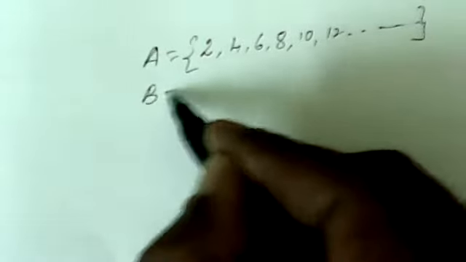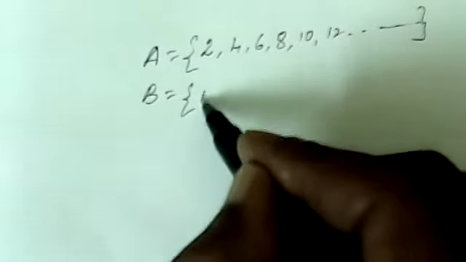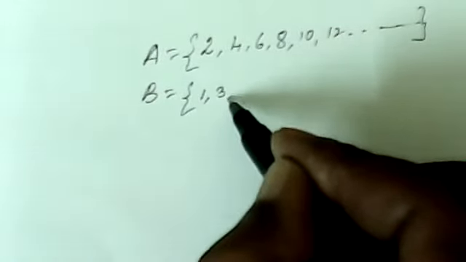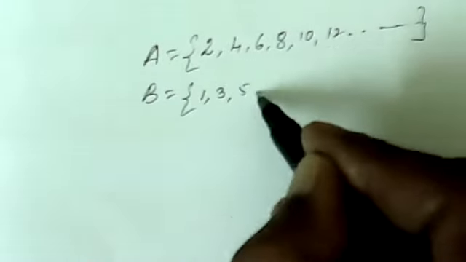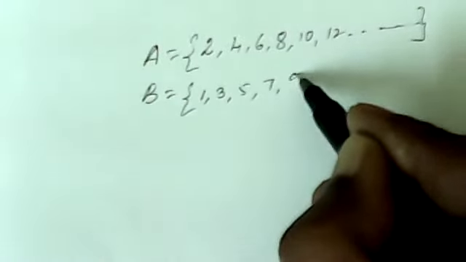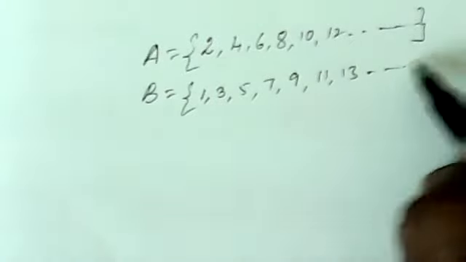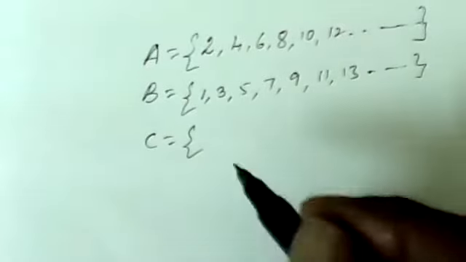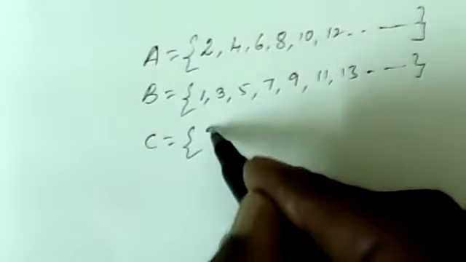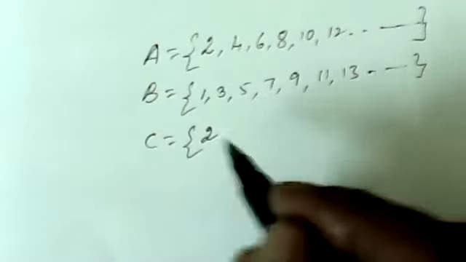Set B is the odd numbers, not divisible by 2: 1, 3, 5, 7, 9, 11, 13, and so on. C is the set of all prime numbers. It starts from 2; one is neither prime nor composite.